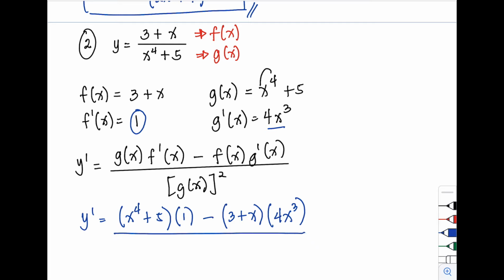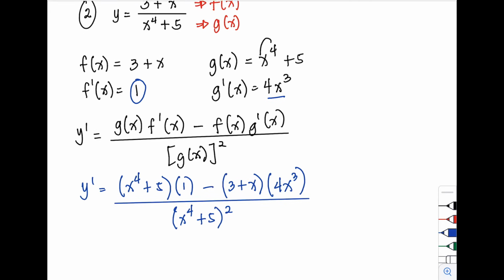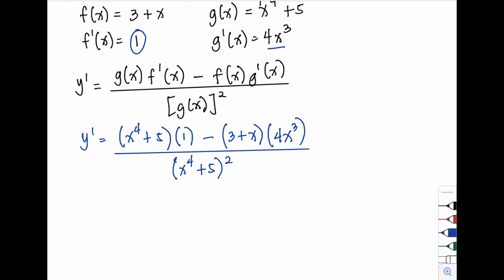Okay? All over. Ang ating g of x ay x raised to 4 plus 5 square. Tama? So, next step natin is to simplify yung ating numerator. So, dito, distribute lang natin si 1 and yung ating 4x cubed.